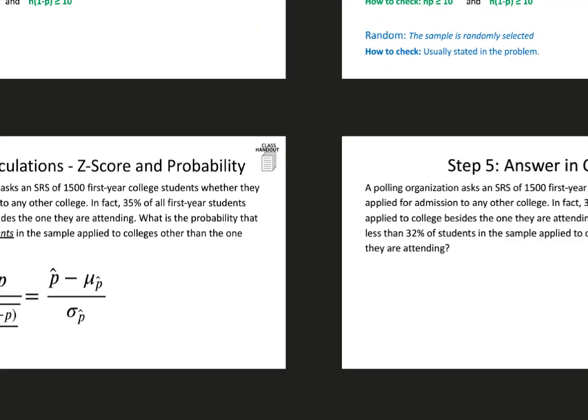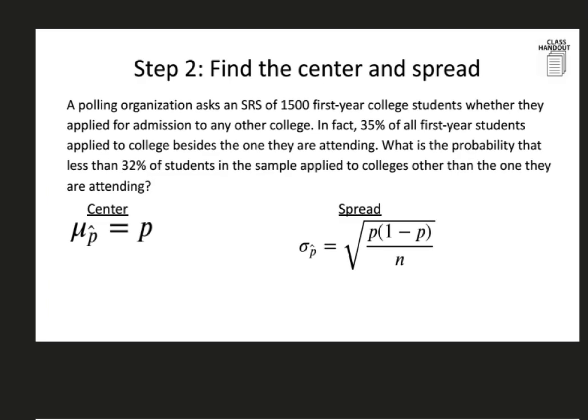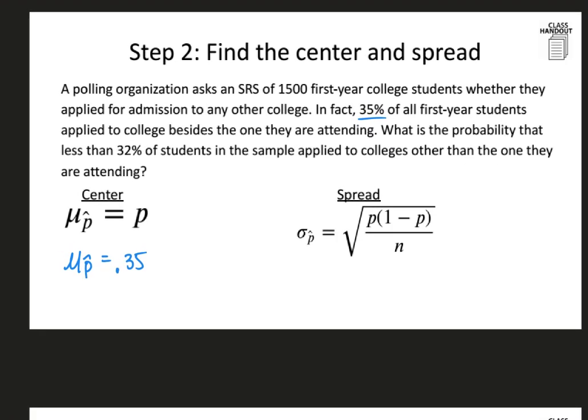All right, step 2, we're going to find the center and spread. So the center is the mean of our sampling distribution, and the spread is the standard deviation of our sampling distribution. Well, the mean of our sampling distribution, that's how we write it, is equal to whatever p was. And remember, p in this problem was 35%, so 0.35. And to get sigma of p-hat, we're just going to plug in p and n.